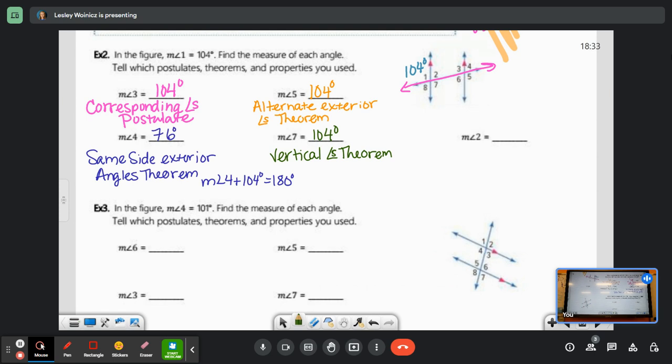Okay, look at angles 1 and 2. They have a common vertex and a common ray as a side. Their non-common sides make opposite rays. They are a linear pair.